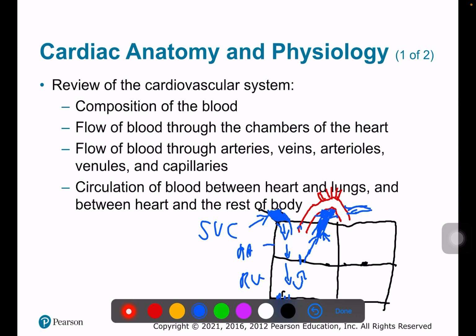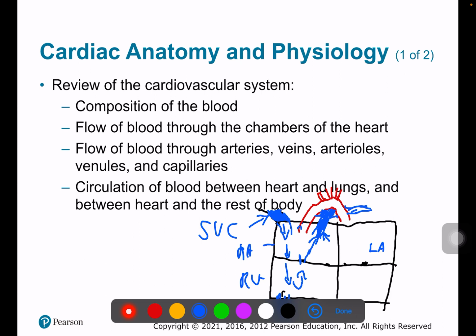Anyway, so then it comes back into the left atrium, which is right here. But it comes back through a pulmonary vein as oxygenated blood, which is pretty cool.